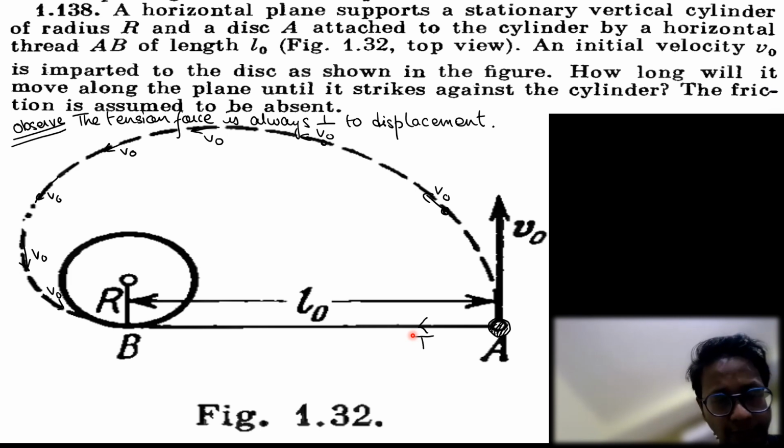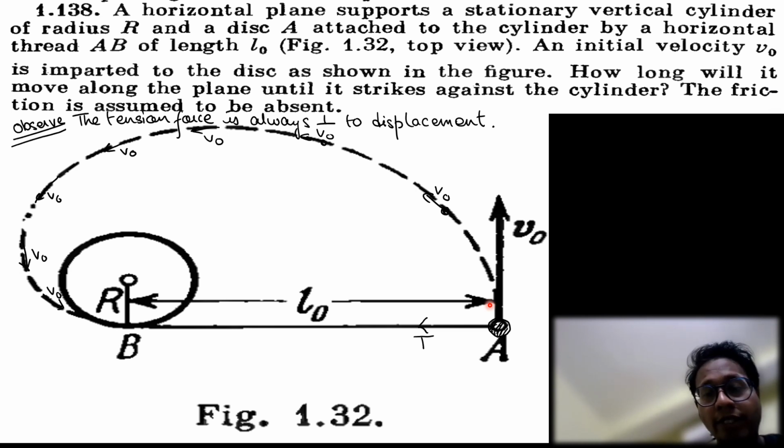There is a force that is changing the direction of the velocity vector, but there is no tangential force that is changing the magnitude of the velocity, because no force is doing any kind of work out here. Understood this much?